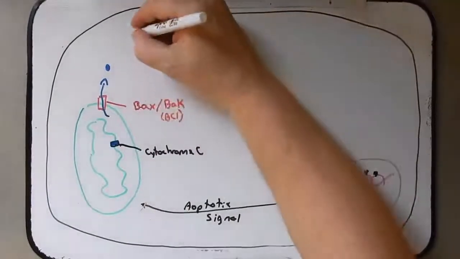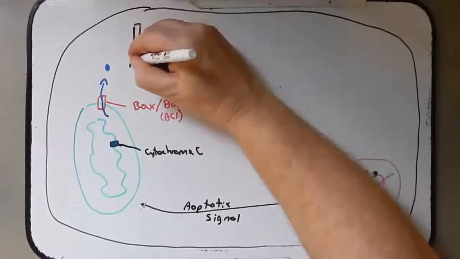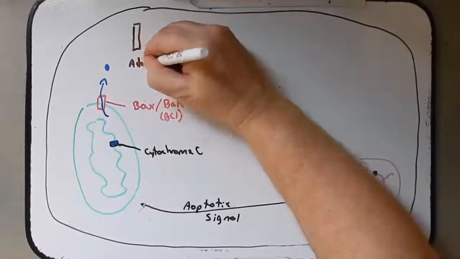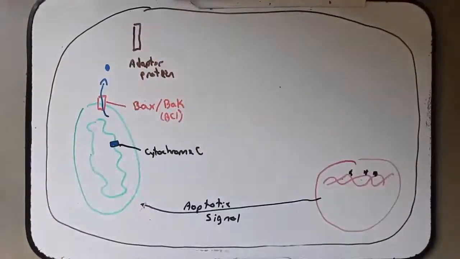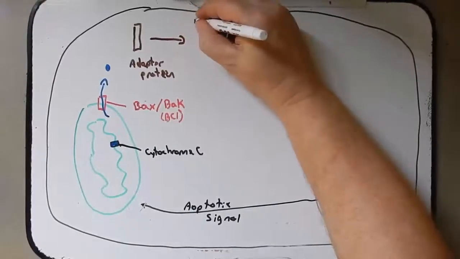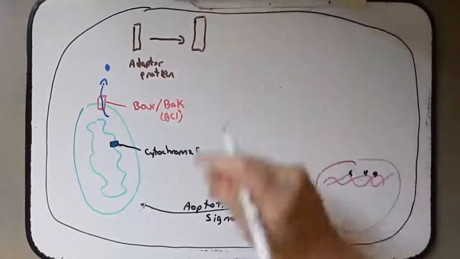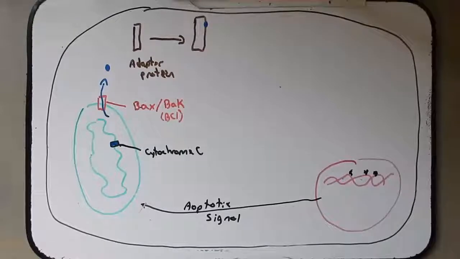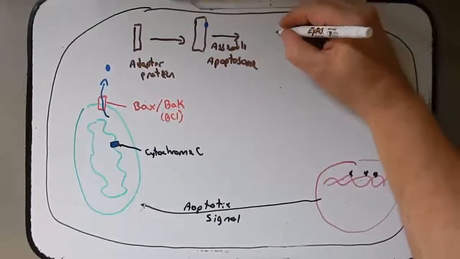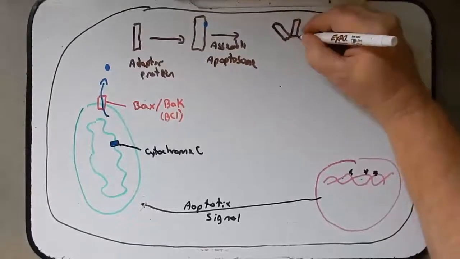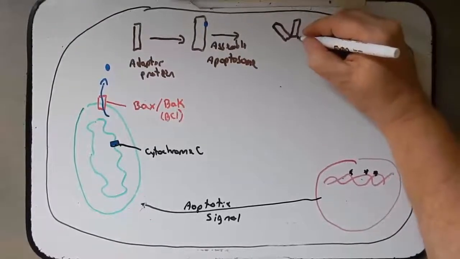Cytochrome C will then bind to an adapter protein. This is not the same adapter protein that was involved in secretion. This is a different adapter protein. So now this adapter protein is activated and it will begin to assemble the apoptosome. And the apoptosome will contain 7 of these activated adapter proteins.